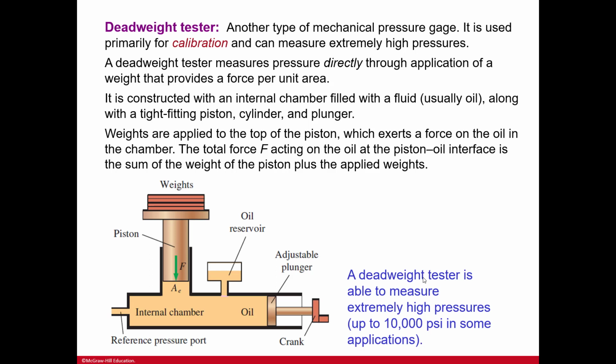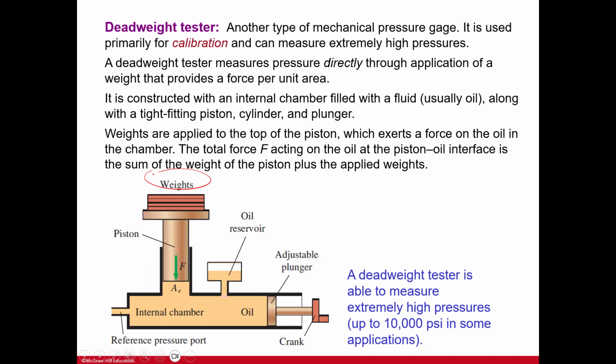It's usually oil. And this is for other reasons, to decrease friction, it helps with the parts being lubricated and letting those last as long as they can, along with a tight-fitting piston, cylinder, and plunger. Weights are applied to the top right up here.